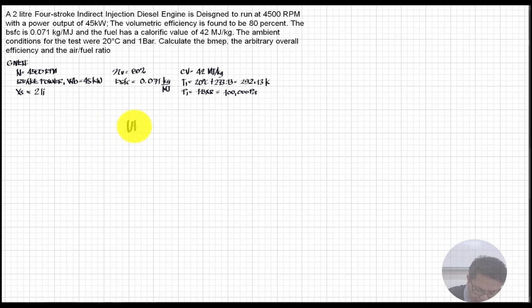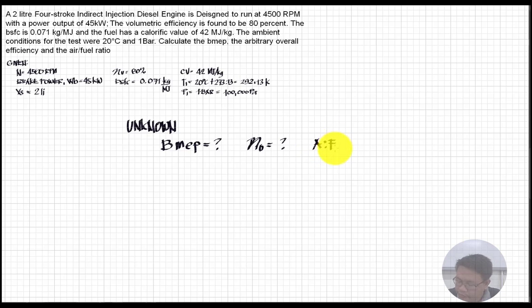So for the unknowns, let's write them so that we will be able to identify the equations that we need in the calculation. So we have also the unknown of the overall efficiency, so that we may establish what equations we will need. Then also we need to determine the air-fuel ratio, the actual air-fuel ratio.